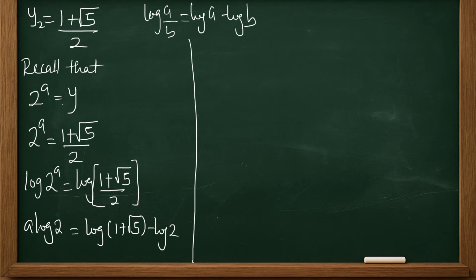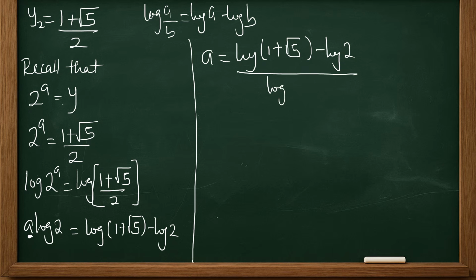Now here, dividing both sides by log 2 to get a, the coefficient of a. So here we're going to have log of 1 plus the square root of 5 minus log 2, everything divided by log 2. And also, I want you to know that when you have a minus b over c, it's the same thing as a over c minus b over c. So they can both share the denominator.